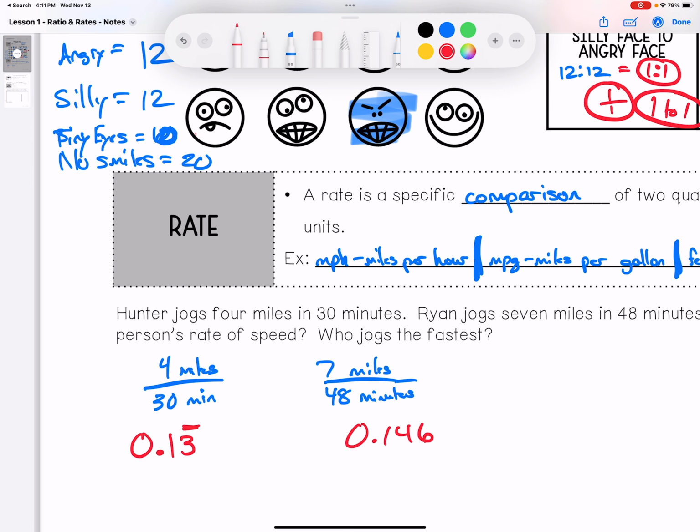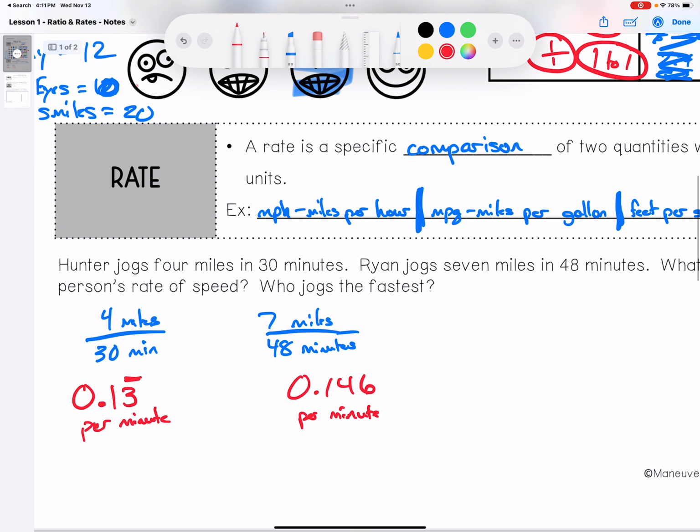Both of those are per minute. That is how far he jogs every minute. So every 1 minute he jogs 0.13 of a mile.